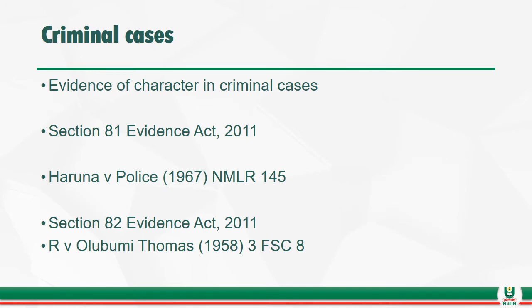So in criminal cases, the good character of a party is admissible in evidence, but the bad character of a party is not admissible in evidence. The court forbids the admission of bad character of an accused person in evidence, subject to certain exceptions.